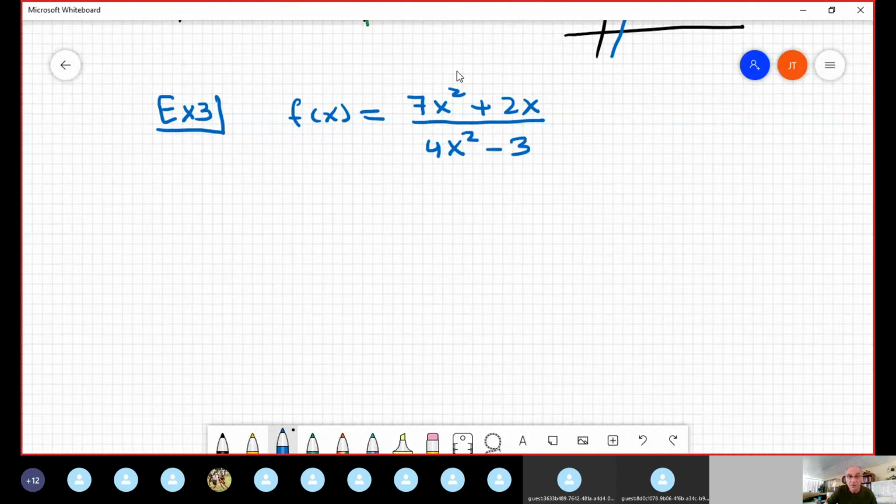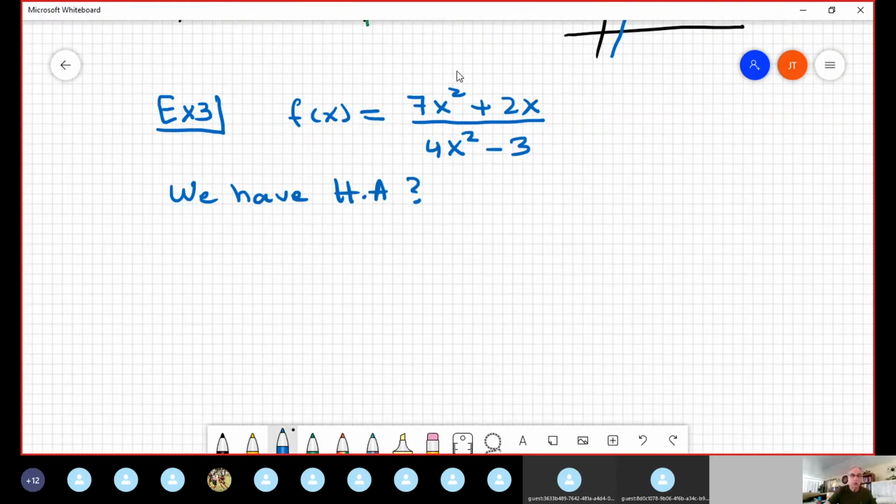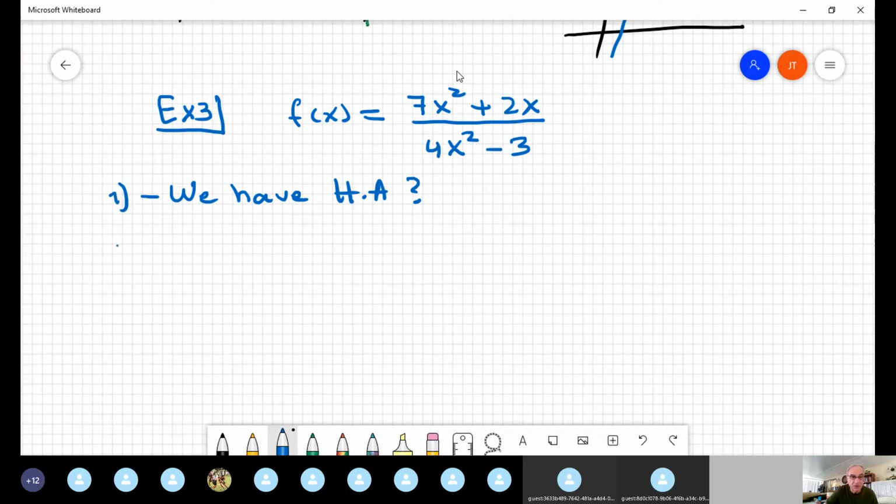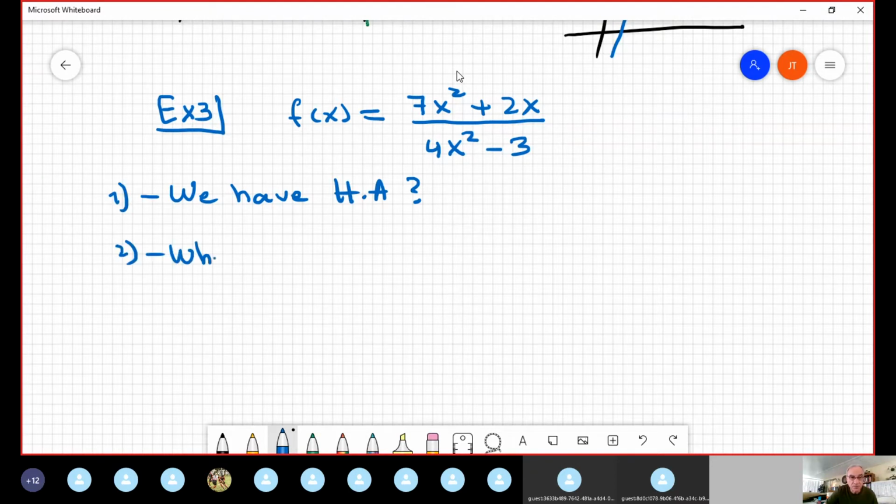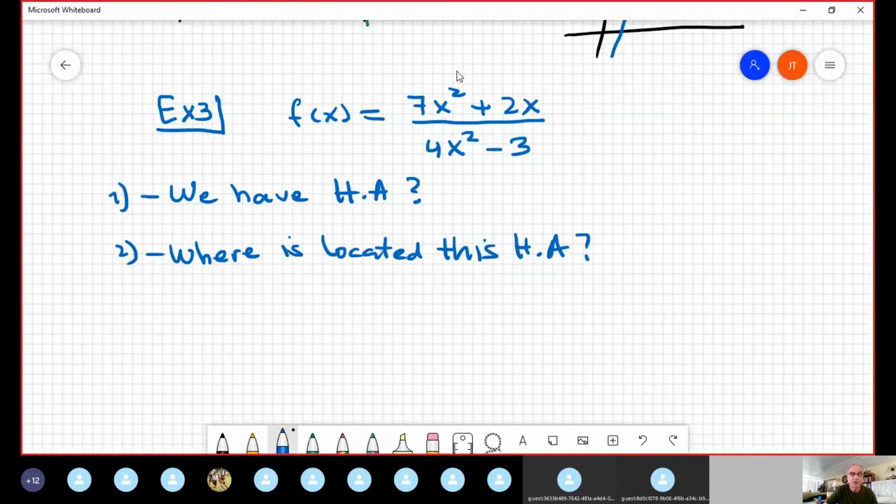My first question is, do we have a horizontal asymptote, yes or no? And the second question is, where is this horizontal asymptote located?